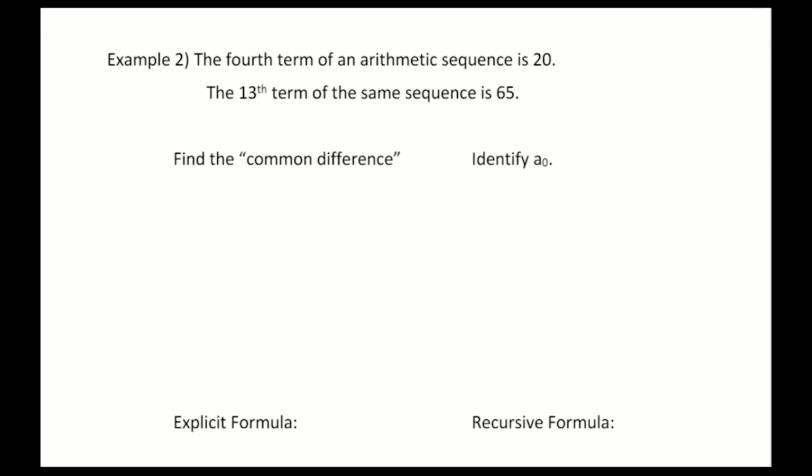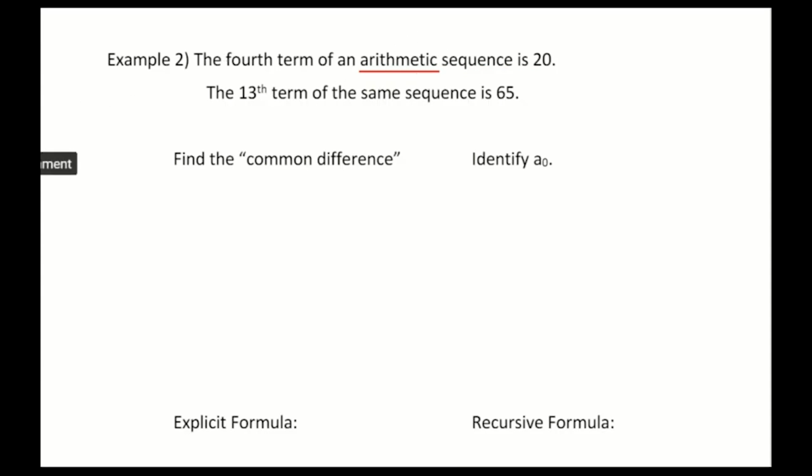Now, the way that this question is worded, you do have to know that it's arithmetic, because if I just give you two sort of random terms and say it's in a sequence, that's not enough information to determine whether or not there is a common difference. So in this style of questioning, I have to tell you up front that this is an arithmetic sequence, so that you know what to do.